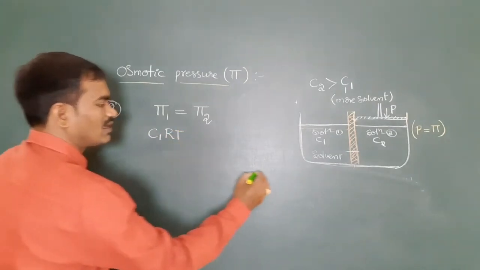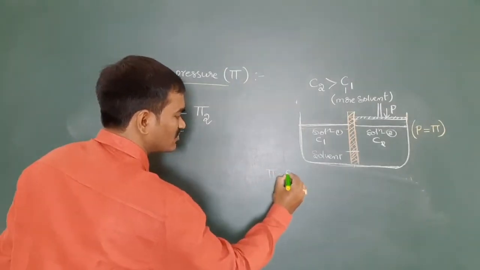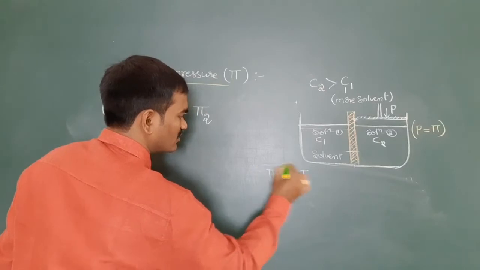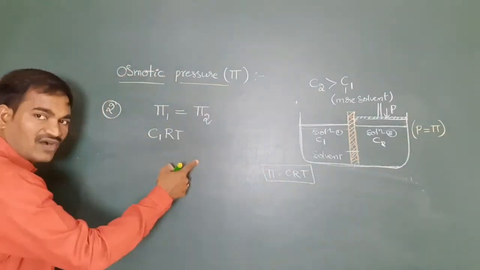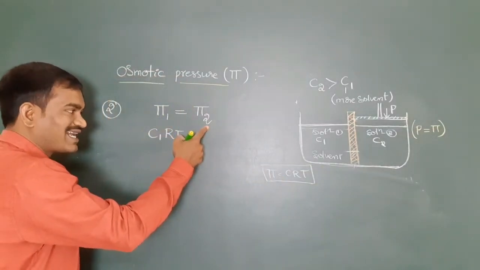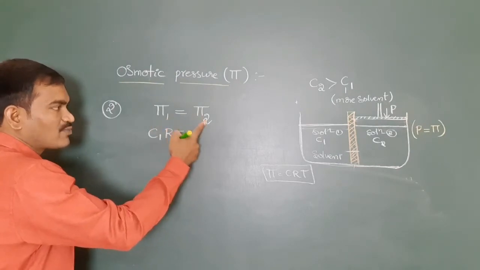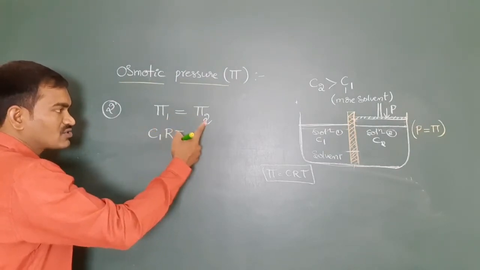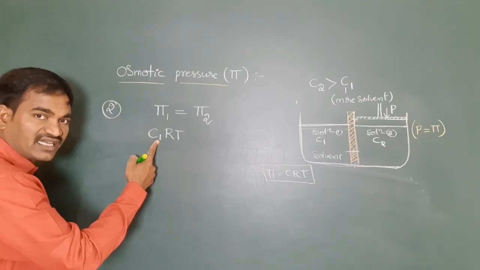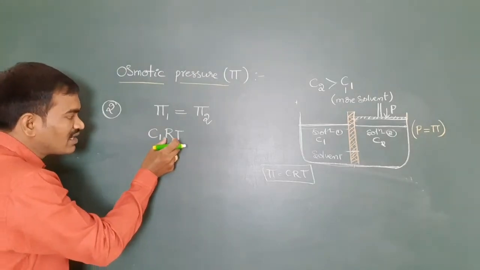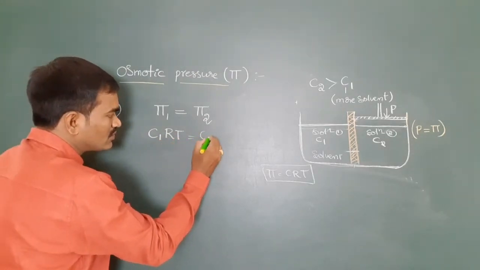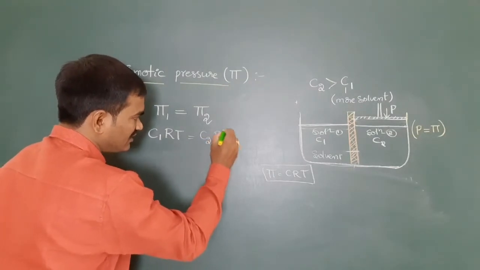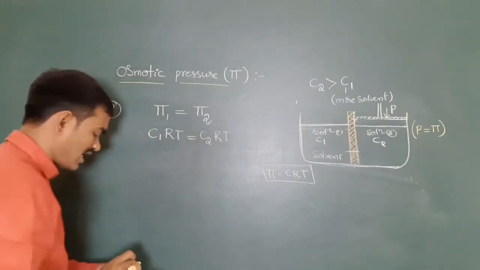You know this formula: pi is equal to CRT. I am applying this formula for two solutions which are isotonic, so their osmotic pressures are equal. So whenever the osmotic pressures are equal, C1RT is equal to C2RT.